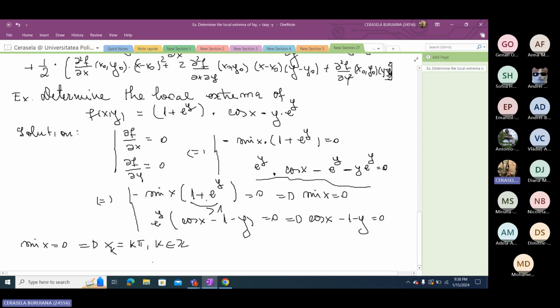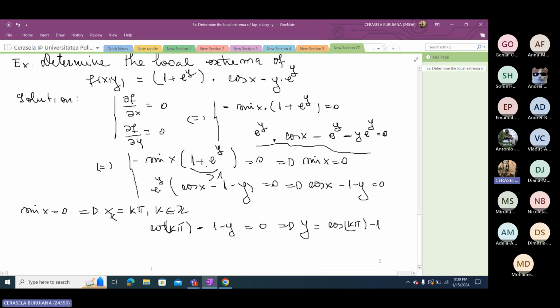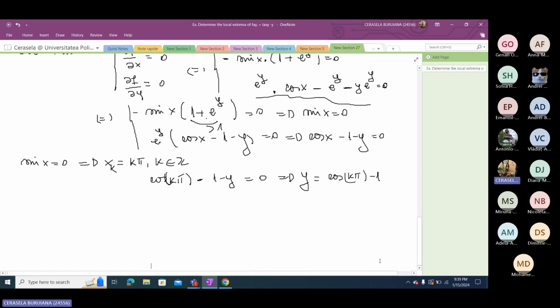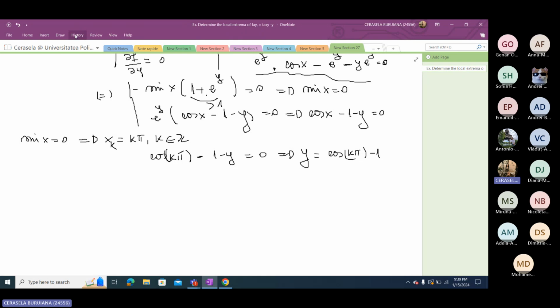Okay, now, if x is of the form k pi, it means that cosinus of k pi minus 1 minus y equals 0. So y will be cosinus of k pi minus 1. But who knows how much is cosinus of k pi when k is integer?